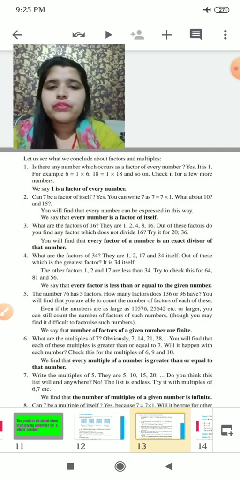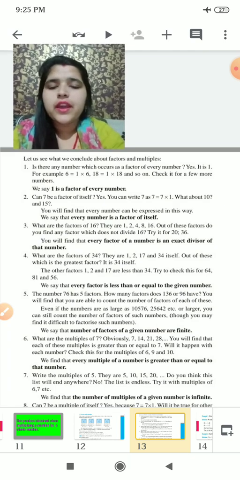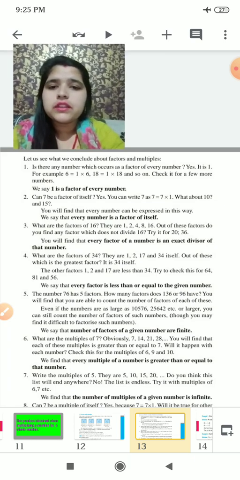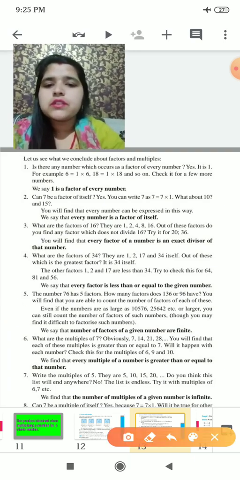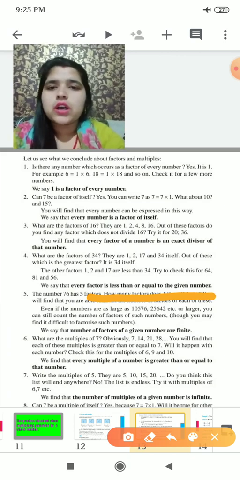Every factor of a number is an exact divisor of that number. Okay, every factor of a number is exact, it means it will be exactly divisible by that number. Now next one is, a factor is less than or equal to the given number.